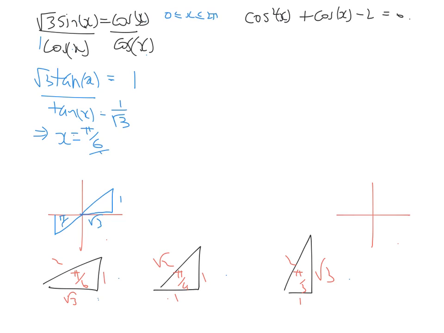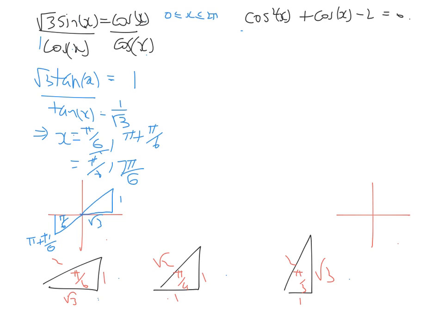So if this little bit here is pi on 6, then to be in this quadrant, we are at pi plus pi on 6. So this ends up being pi plus pi on 6, which then tells us we've got pi on 6 and 7 pi over 6. So that's our 2 solutions that we're dealing with there.